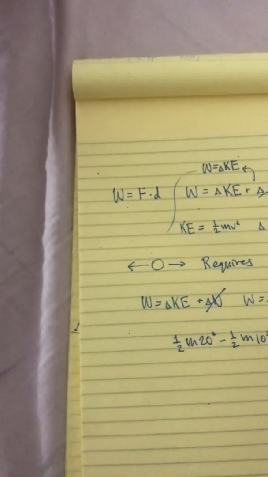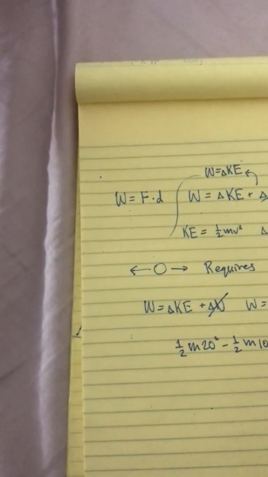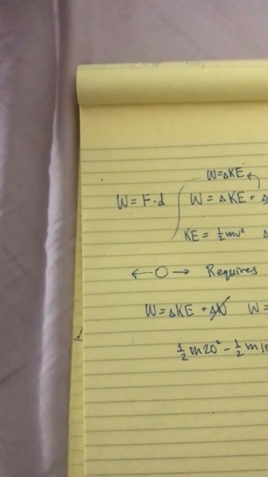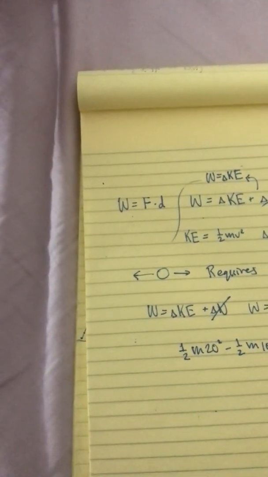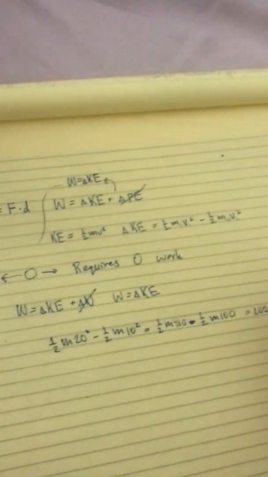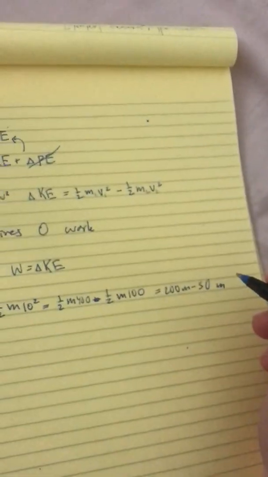So that is going to equal 1/2 m 400 minus 1/2 m 100, which equals 200m minus 50m. You can see that.